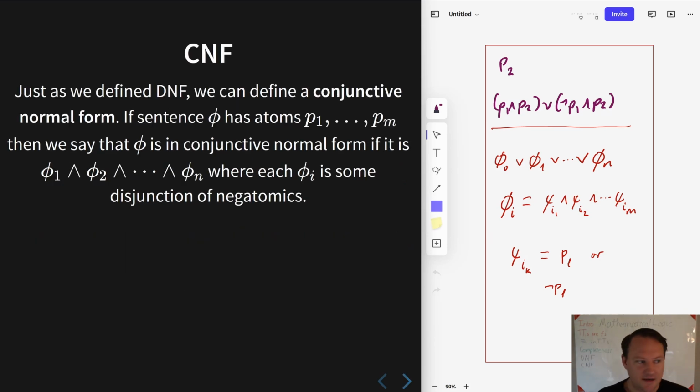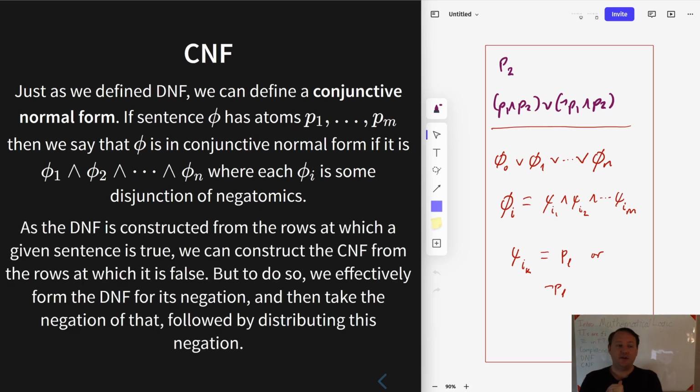Okay, just as there is a disjunctive normal form, there is also a conjunctive normal form. The description, first of all, is that it will be a conjunction of disjunctions of negatomics. So in a sense, the conjunction and the disjunction are swapping roles. Now, how do you get the conjunctive normal form for a given sentence?